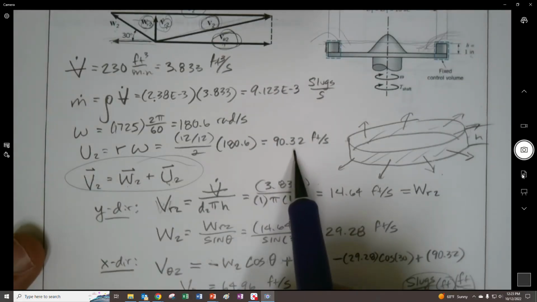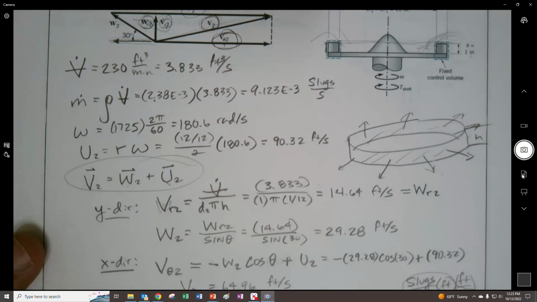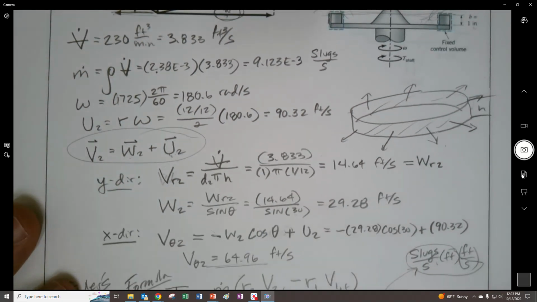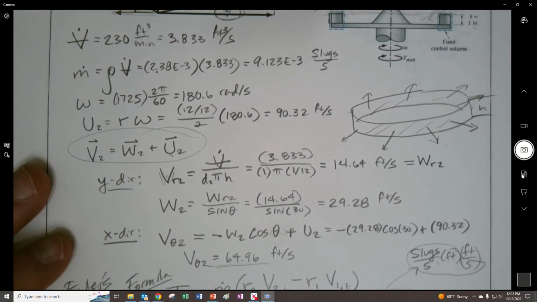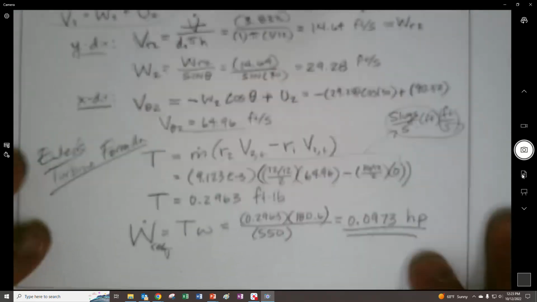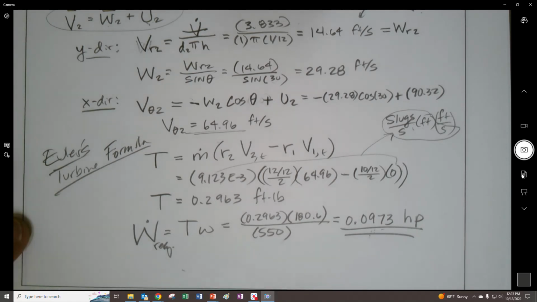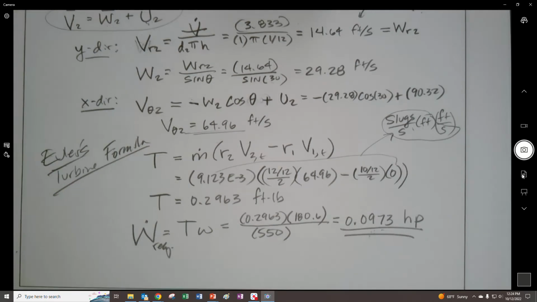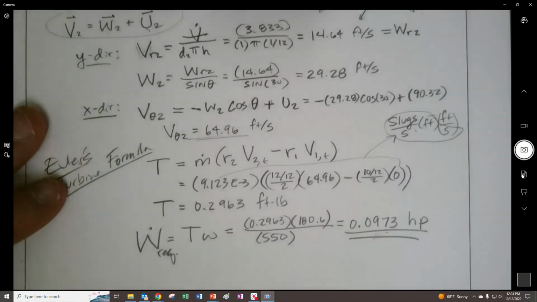These are much lower than the speed of sound, so that's not an issue. There's a bunch of assumptions going on here. So this would be an inefficient fan, and in terms of the torque that would be needed to accomplish this, we would divide by the fan efficiency, and then once again divide by the motor efficiency to get the electrical power.